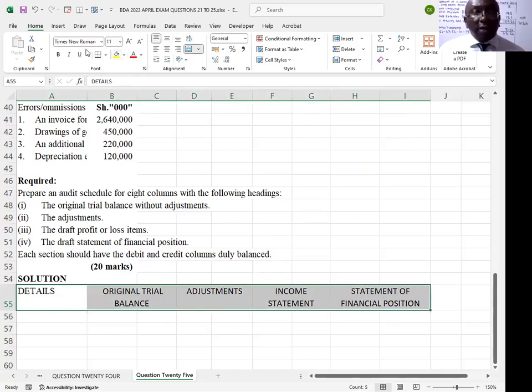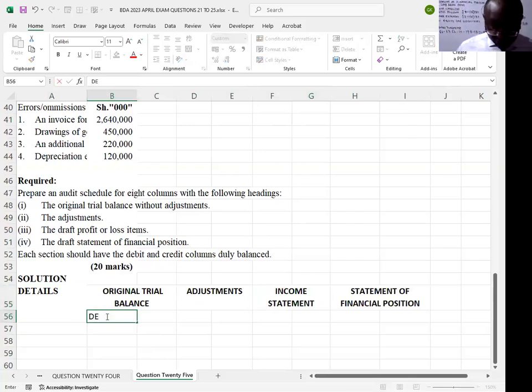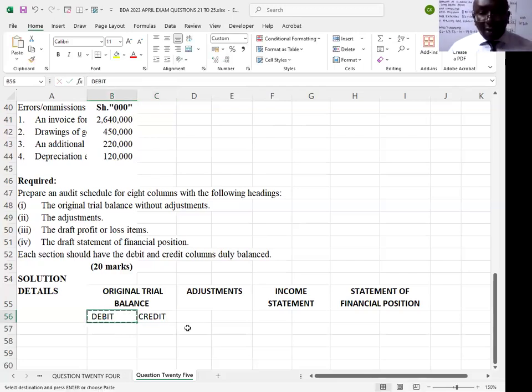Put them both up there. So this is debit. Credit. Copy, paste.